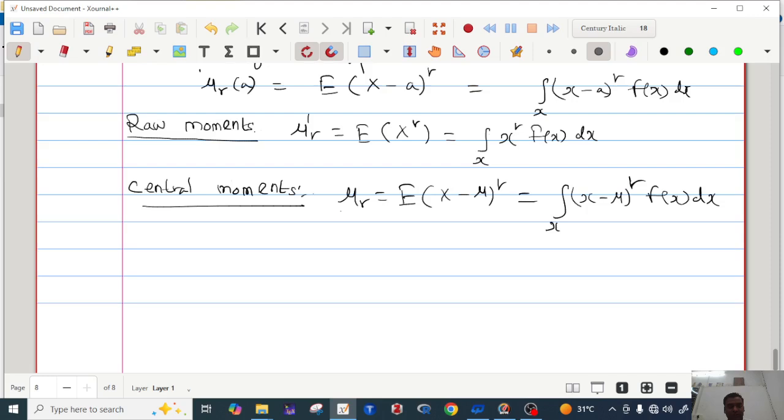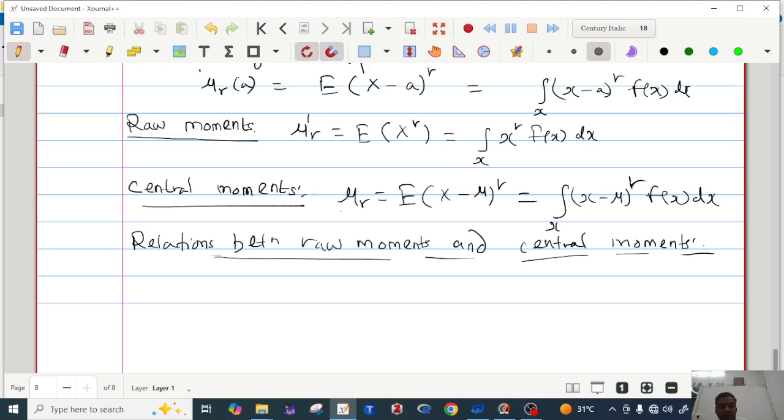Now there are some relations between raw moments and central moments. These are very common. We have also learned them in earlier classes in the F.Y.B.Sc. The first is mu1 is always 0. Second one is mu2 is equal to mu2 dash minus mu1 dash square.